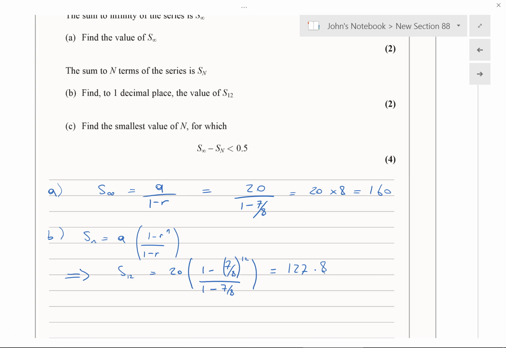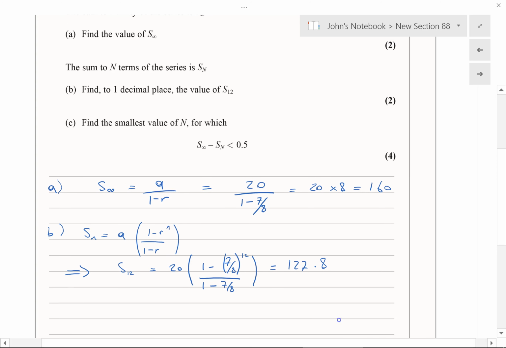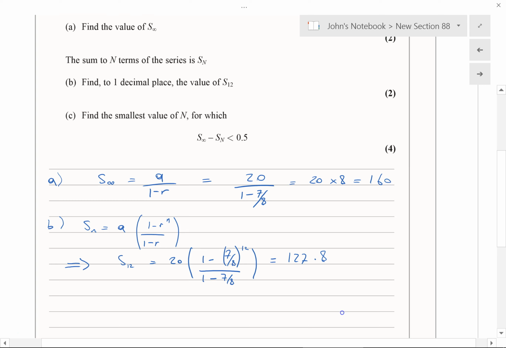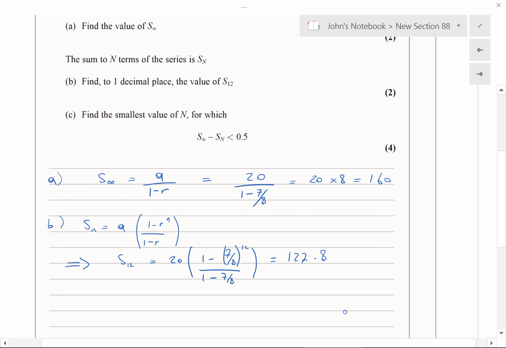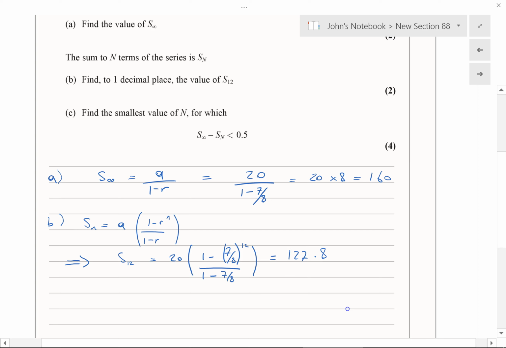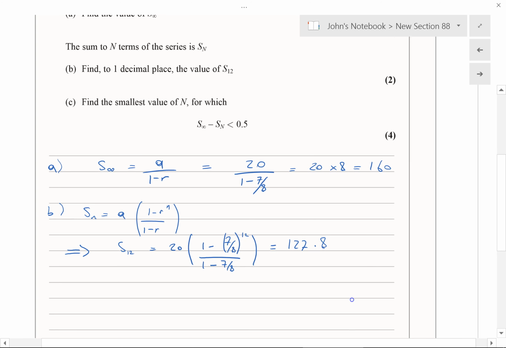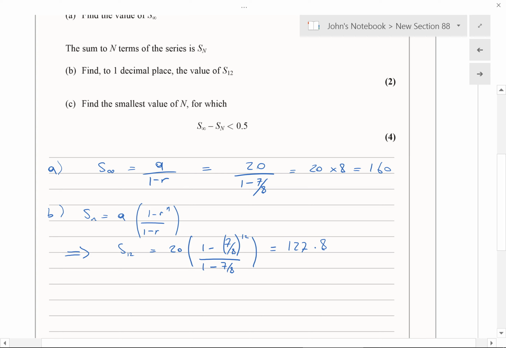So part C: find the smallest value of n for which the difference between the sum to infinity take away Sn is less than 0.5. Okay, well, I'm feeling that there might be some logs involved here. First of all, S infinity is 160. So we want 160 take away Sn to be less than 0.5.